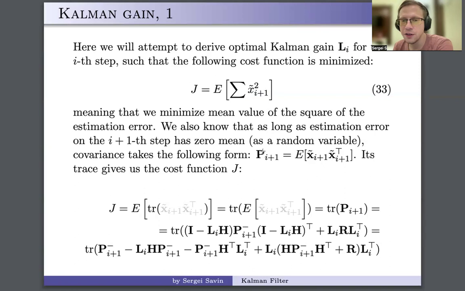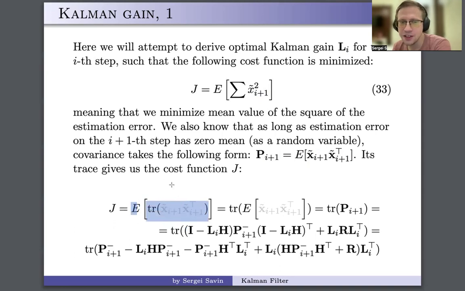Now, of course, we remember, covariance on the step i+1 is defined this way, right? So it reminds us a little bit of this guy, but not exactly. Like this essentially is inner product, this essentially is outer product. But we know that the formula tells us that the trace of the outer product is inner product. So we can minimize the trace of this guy.